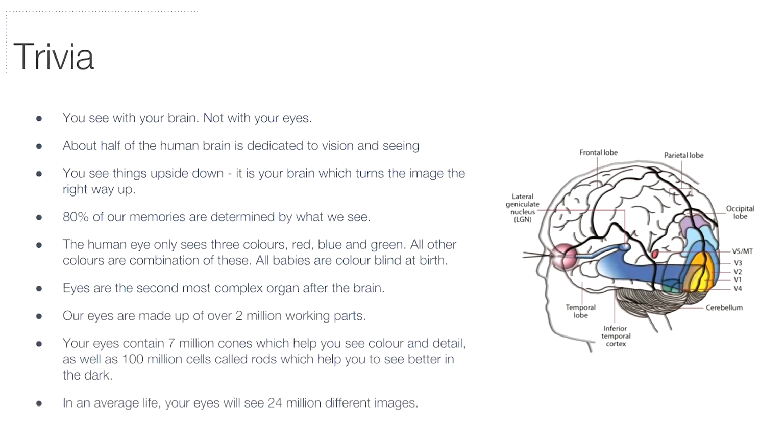On an average life, your eyes see 25 million different images, of course, depending on if you travel, if you don't travel, if you're always sitting in front of the computer. That's the trivia. And convolutional neural networks are literally the most heavily inspired, biologically influenced neural networks.